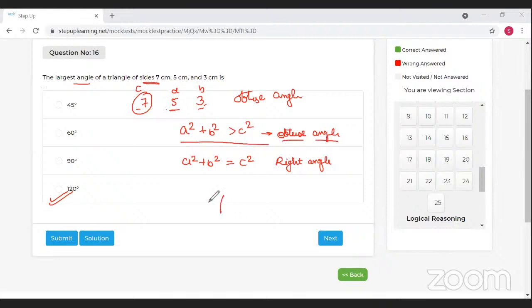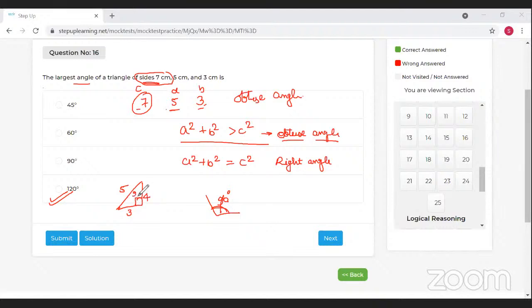So obtuse angle means what? The angle has to be more than 90 degree, right? More than 90 degree. And the largest angle of the triangle is opposite the side of 7 centimeters. So if you look at this right angle triangle, 3, 4, 5, right? 3, 4, 5. So opposite to 5 is what?